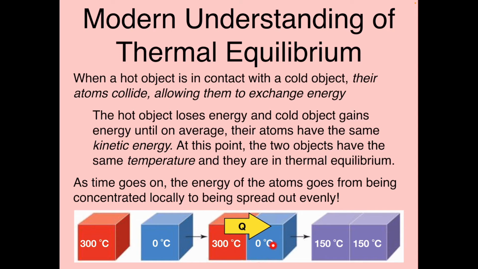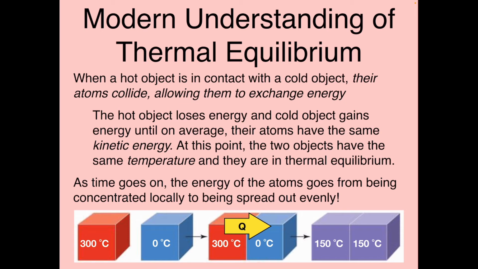And as its energy increases, the temperature goes up. And this is going to keep happening. They'll continue to exchange energy like this until the point when the average kinetic energy of the molecules in both blocks is the same. Okay, when the molecules have the same average kinetic energy, the two blocks now have the same temperature. And that's what we call thermal equilibrium.